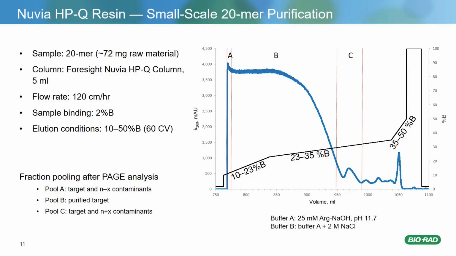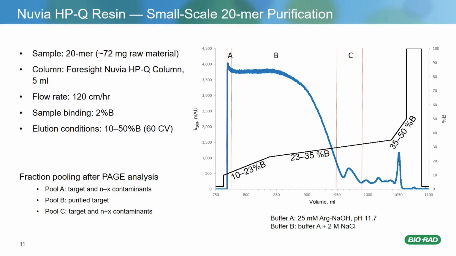Now on to the small scale purification of the 20 mer. So here we have 72 mgs of our 20 mer, which equals about 70% of the maximum DBC on a 5 mil Nuvia HP-Q 4-site column. Flow rate and sample binding are the same as the initial screening work. The elution conditions were slightly modified to 10 to 50% B over 60 CVs.